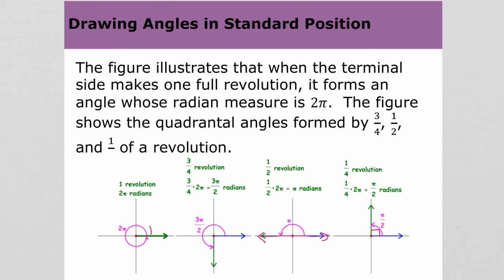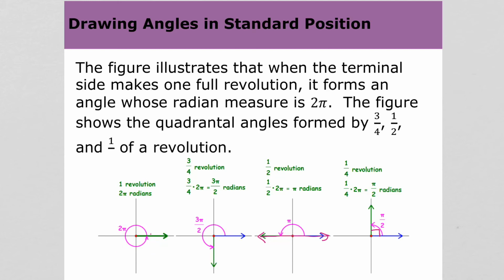If we're going all the way around, that's 2 pi, okay? 1 pi here, and then keep going. We've added another pi. There's 2 pi radians, or 360 degrees.